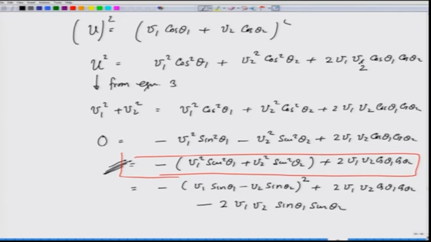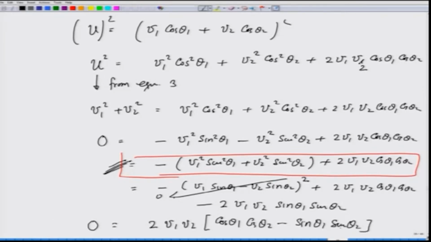Everything sits well. Now, I already know that V1 sin theta 1 minus V2 sin theta 2 is 0. So, this term is going to be 0. So, I am left with 0 equals 2 V1 V2, which I will take common, cosine of theta 1 cosine of theta 2 minus sine of theta 1 sine of theta 2.